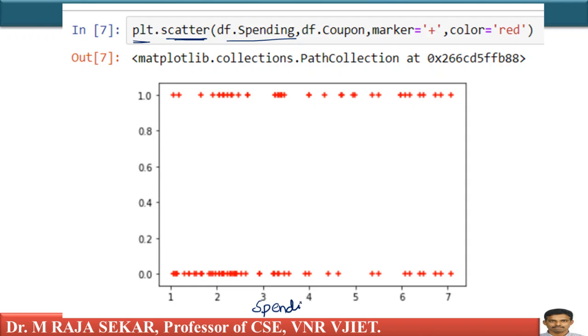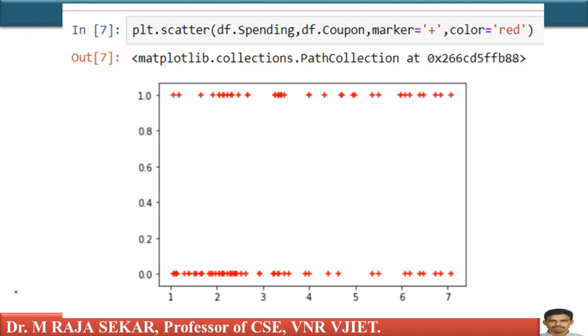We are taking spending on x-axis and coupon on y-axis, isn't it? Your marker is plus, that's why it's showing plus markers. Color is red. Anyway, that's a matter of visualization. It's simple and straightforward. I already discussed this in the data visualization classes.